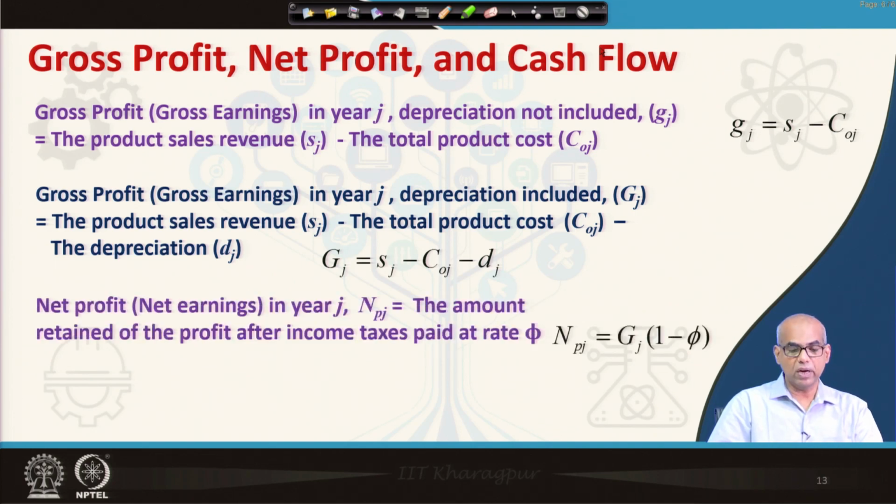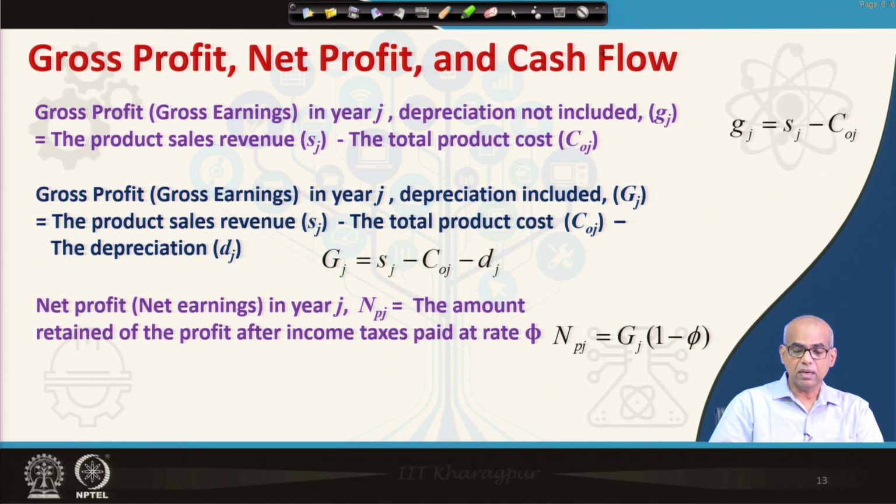Net profit or net earnings will be the amount retained of the profit after income tax is paid. Let us say income tax is paid at the rate of 5 and capital G is the gross profit, depreciation included, then net profit will be capital G into 1 minus 5.